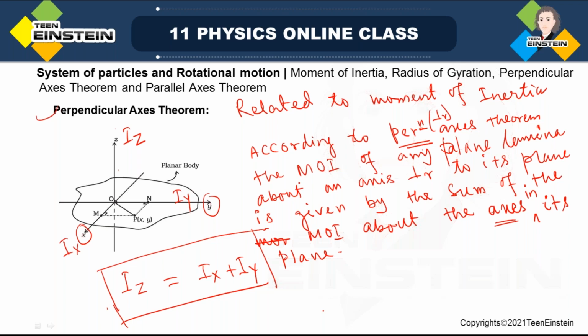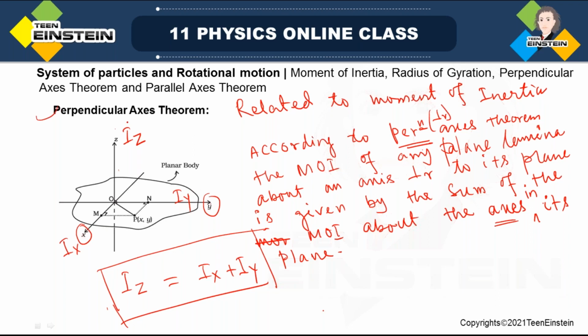According to this perpendicular axis theorem, you can find the moment of inertia of any plane object about an axis perpendicular to the plane, that is the z-axis, which is perpendicular to the planar lamina or planar body. This is Iz.